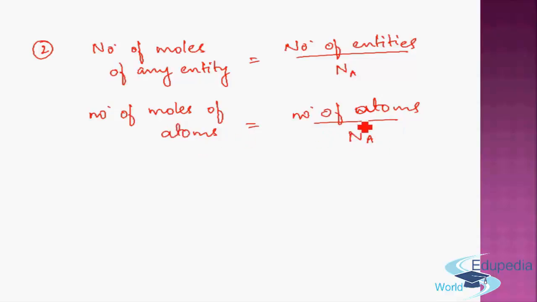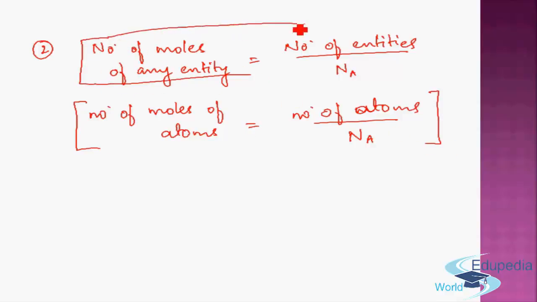Similarly, number of moles of molecules will be equal to number of molecules divided by Avogadro number Na. So for such kind of questions you can always use this formula. A general formula is number of moles of any entity is always equal to number of entities divided by Na.